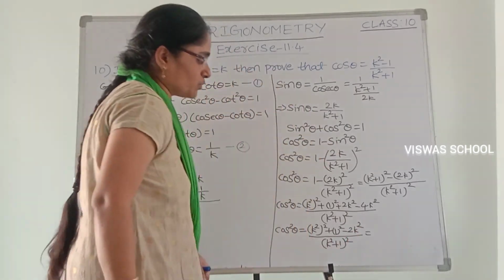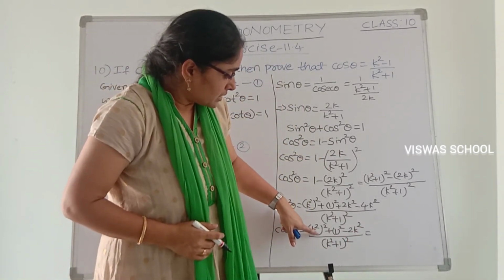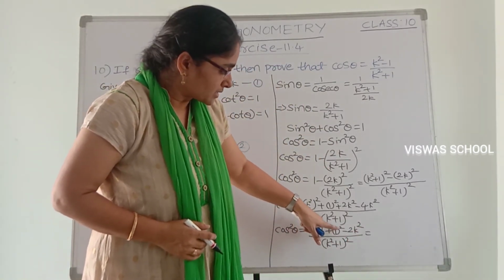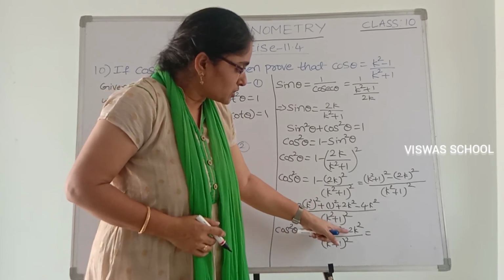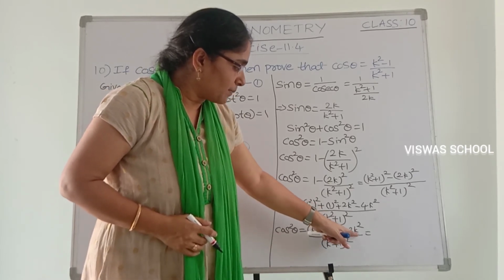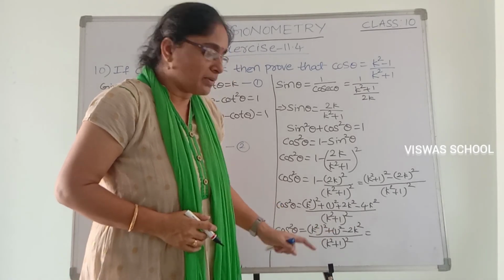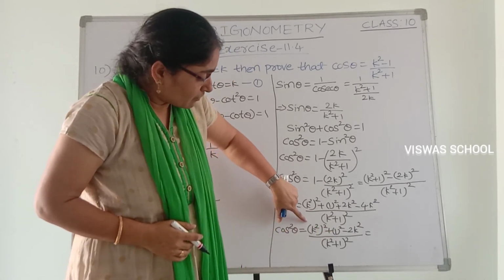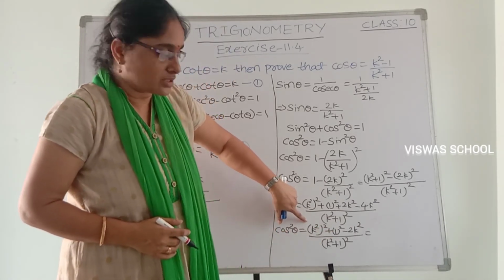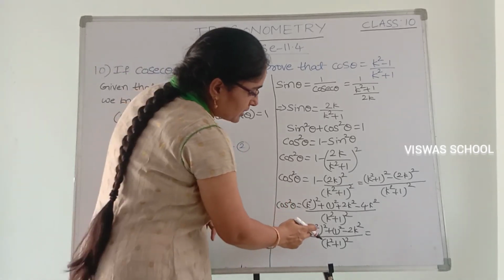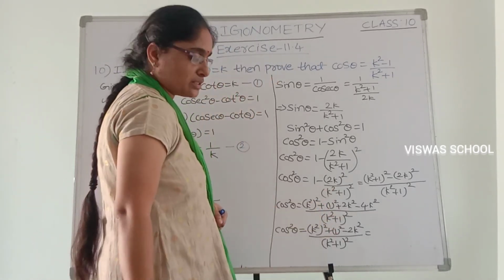Now it is equal to what? Once you see here, this is a square plus b square minus 2ab, with k square in a's place and 1 in b's place. Now write it in the form of a minus b whole square, where a value is k square and b value is 1.